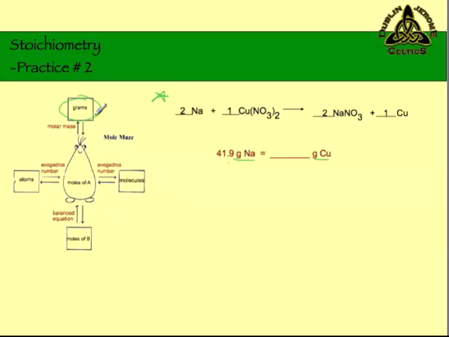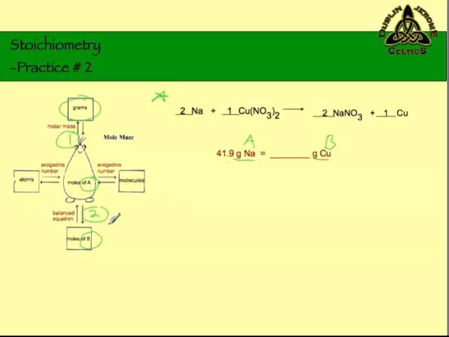So if I'm up here at grams, my first step, according to my map, is to convert to moles. And then where can I go? Well, they're 2 different substances, so I'm going to label them A and B. The only way to go from A to B is moles to moles, so I need to use my balanced equation.